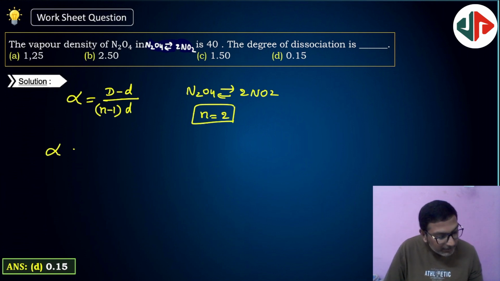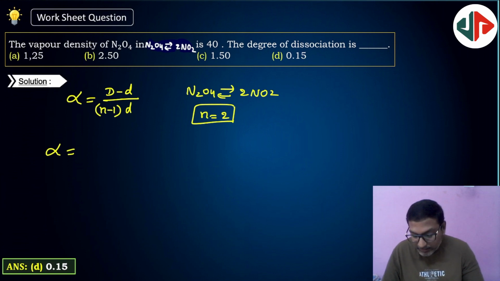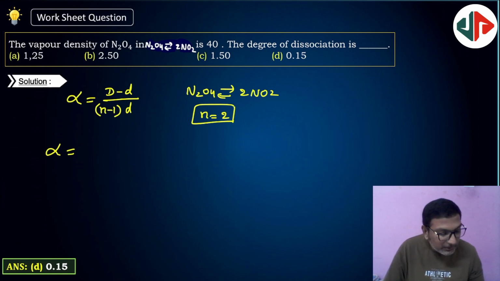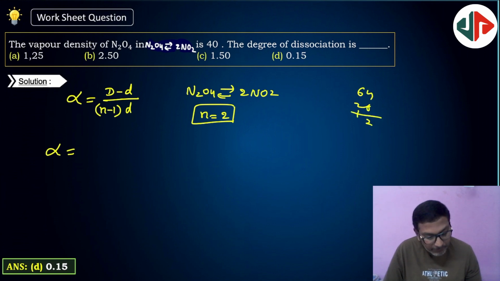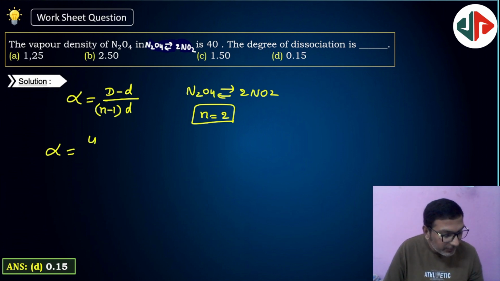Next, alpha equals capital D. Here the molecular weight of N2O4 is 28 plus 64, that is 92. So 92 by 2, molecular weight by 2 gives vapor density 46, minus small d.